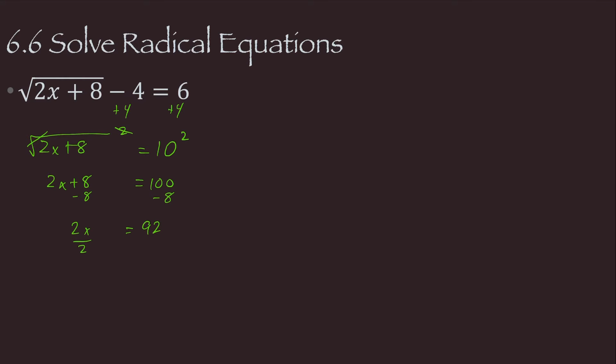And divide by 2. You get 46. And then plug that back in to check your answer. Square root of 2 times 46 plus 8 minus 4 is in fact 6, so it works. Let's try another one.